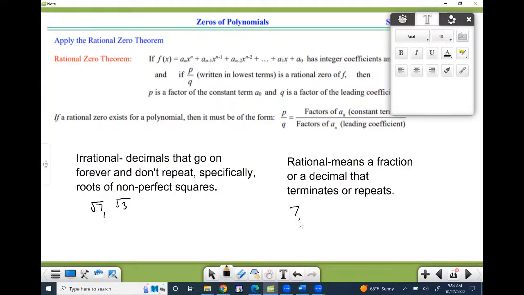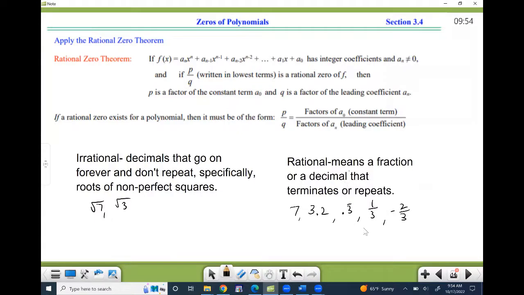Something like 7, that's a decimal that stops, 7.0, right? Okay, 3.2, technically, that's a decimal that stops. 0.333 forever, 1/3. All of these, negative 2/3, these would all be considered rational. So this theorem is going to help us find zeros like that, okay? So it won't help us find these square root type zeros.